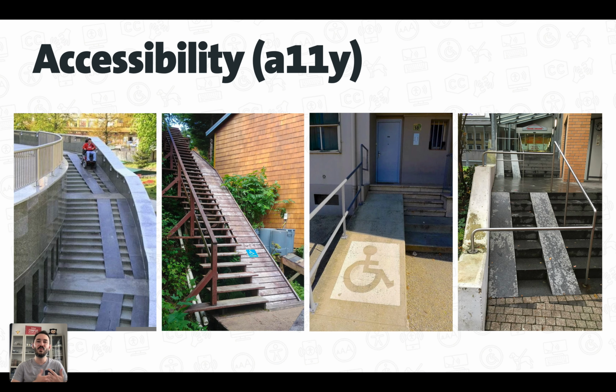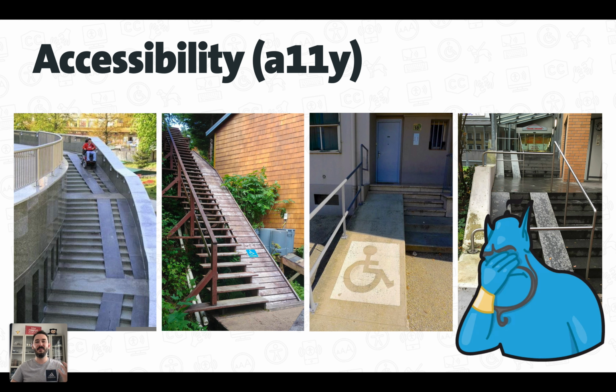So let's talk about accessibility first. It is really obvious in the real world that those four situations are completely wrong, right? In the first two situations, we have a very steep ramp. In the third situation, we have a ramp, and at the end of the ramp, there are a couple of stairs. And in the fourth, we have something very, very unusable.